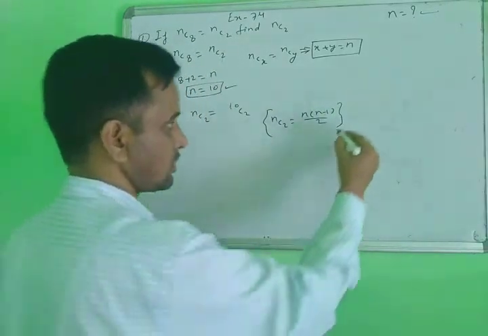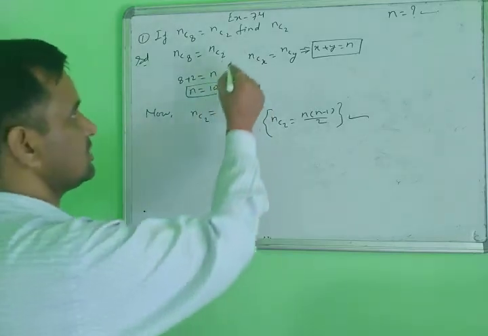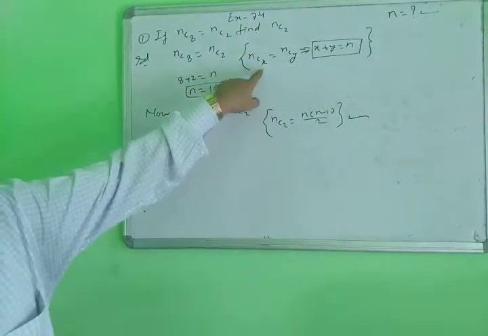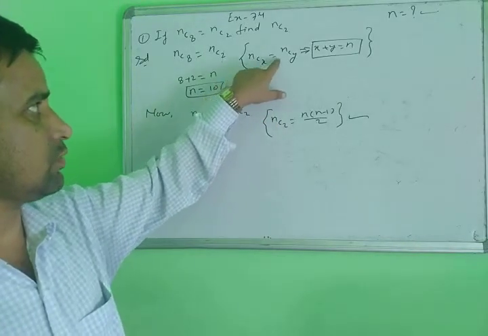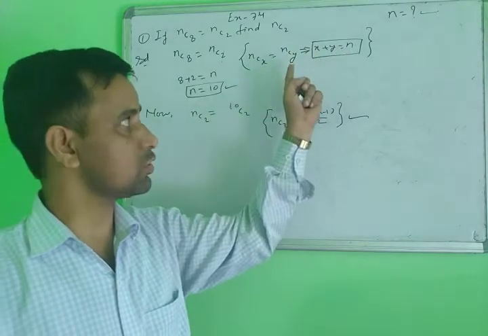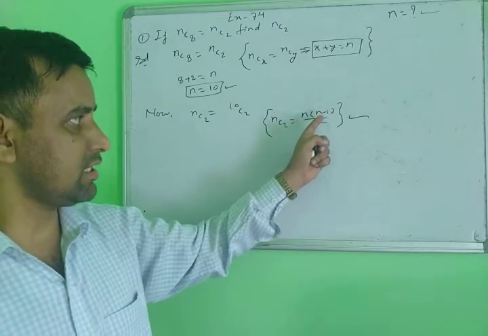These are the shortcut tricks. Both have shortcut tricks: nCx equals nCy means x plus y equals n, and nC2 equals n(n minus 1) by 2.